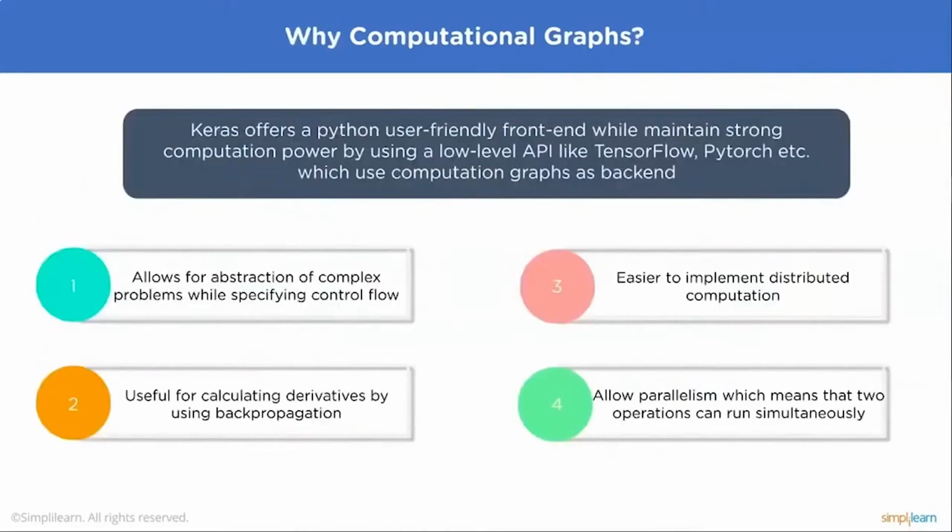So Keras offers a Python user-friendly front end while maintaining a strong computation power by using a low-level API like TensorFlow, PyTorch, etc., which use computational graphs as a backend. So one, this allows for abstraction of complex problems while specifying control flow. If you've ever looked at some of the backend or the original versions of TensorFlow, it's really a nightmare.